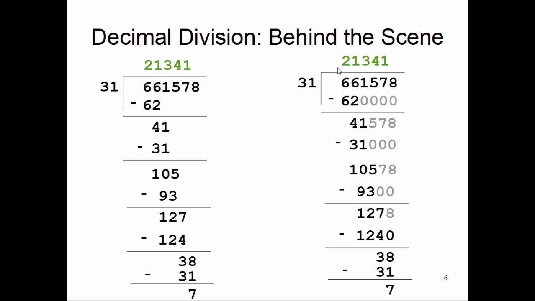So what we need to understand from here to understand our digital division circuit is that it's a bunch of subtractions from the original dividend till we come to a value which is less than the divisor.